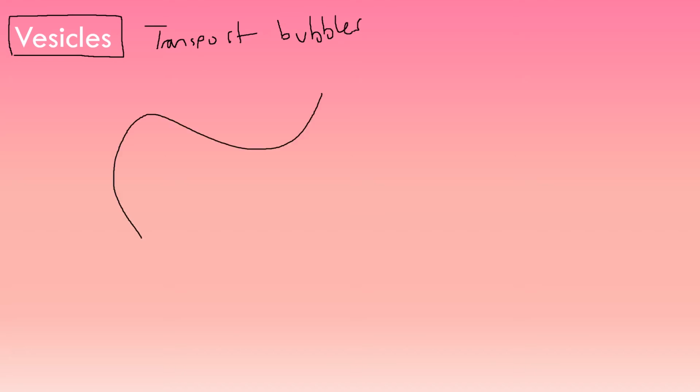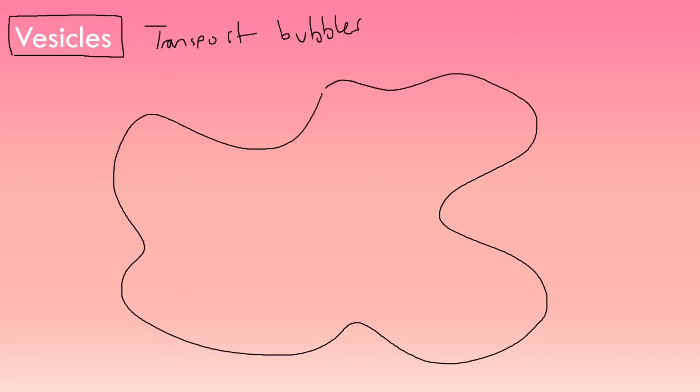It's quite an unusual choice to talk about this next common feature of a cell, but we're going to talk about vesicles, and vesicles are basically transport bubbles. So if we drew a eukaryotic cell membrane, we would draw vesicles as sort of relatively spacious and large bubbles.